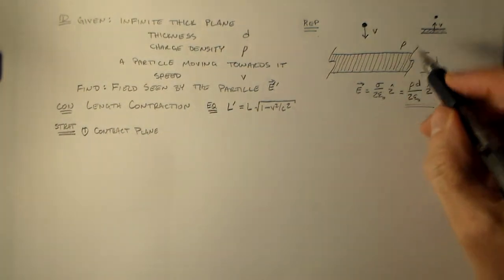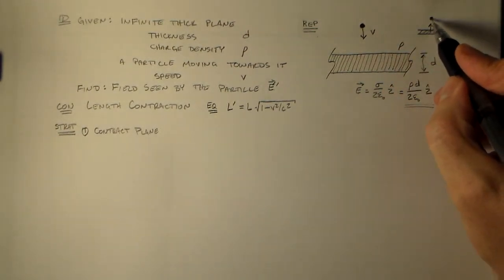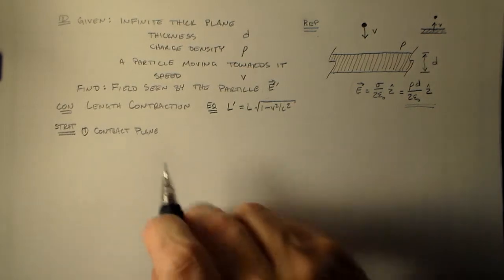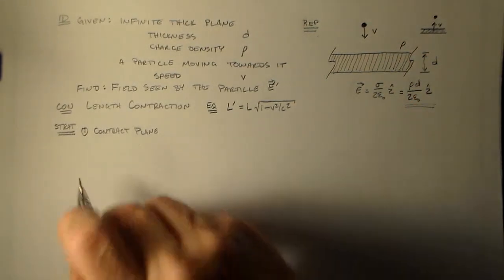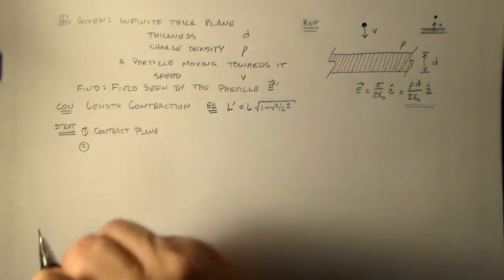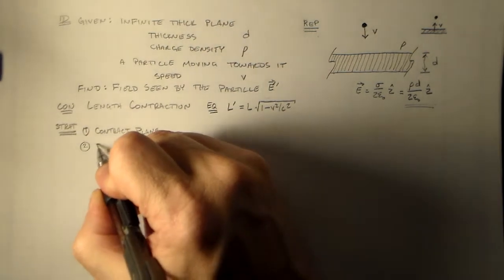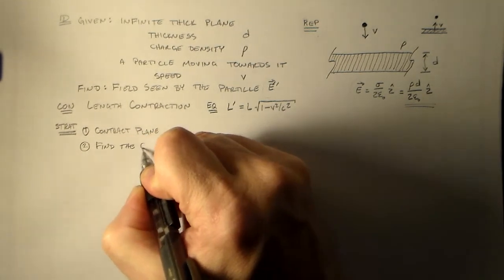I'll contract the plane. This will appear thinner in this frame than it does in this frame. This will also appear nearer, but we won't need that right away, if we need it at all. Then what I think we'll do is find the new charge density.